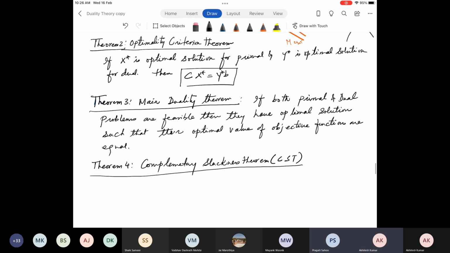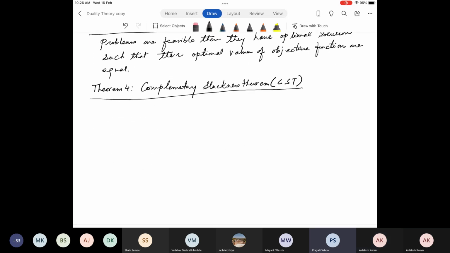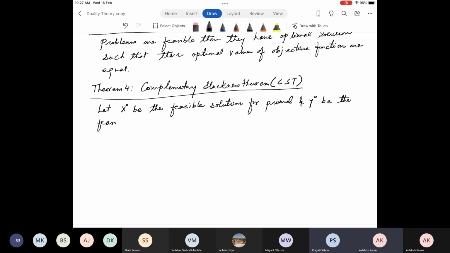It says: let X0 be a feasible solution for primal and Y0 be a feasible solution to the dual.